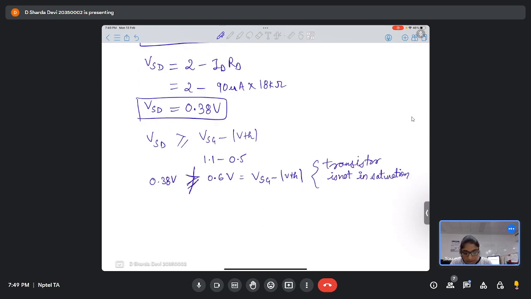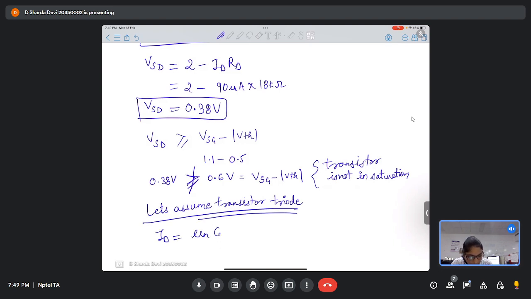Now again let's assume. If the transistor is not in saturation, definitely it's in the linear or triode region. When it is in the triode region, we can apply ID equal to mu n Cox W by L times (VGS minus VTH) minus VDS by 2, times VDS.